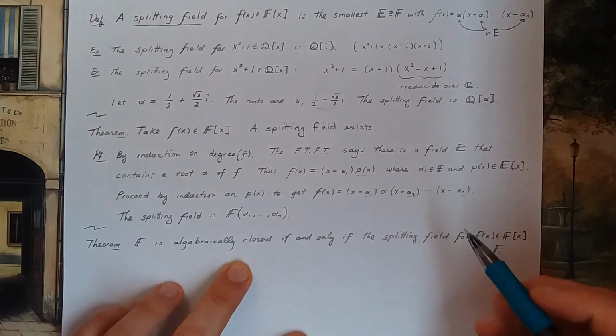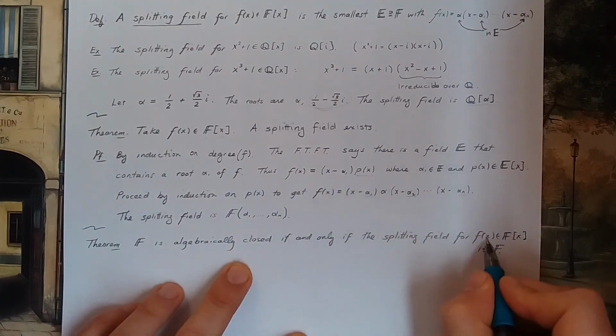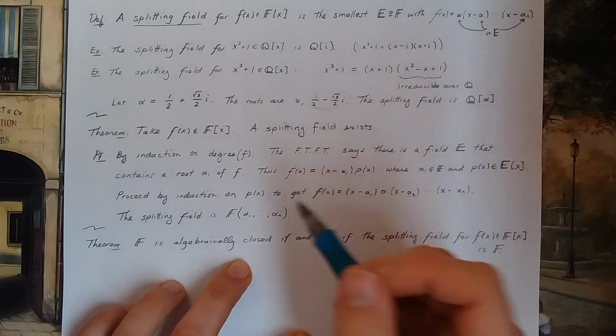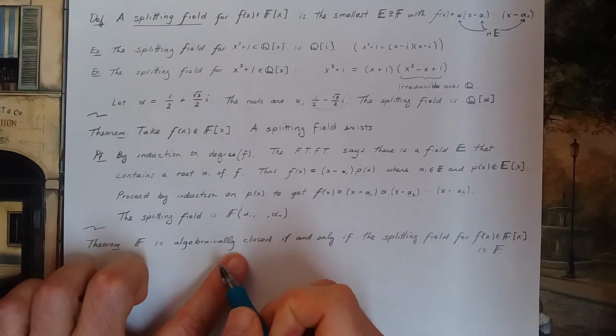You didn't need to enlarge your field to write your polynomial f as linear terms if F is algebraically closed.